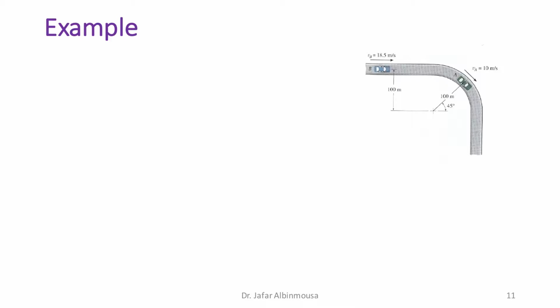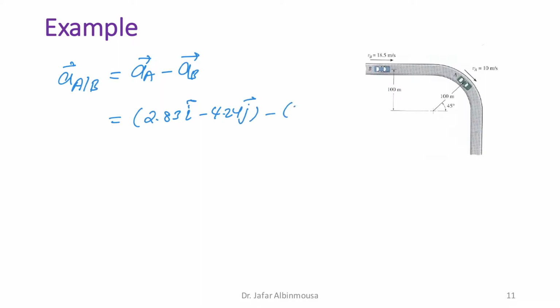So finally, I can say that the acceleration vector of A with respect to B is equal to A minus AB, which is equal to 2.83 i minus 4.24 j minus 2 i, which is equal to 0.83 i minus 4.24 j meter per second square.